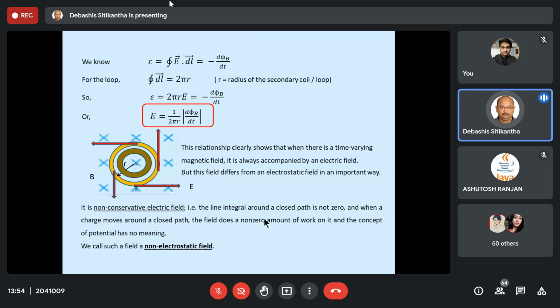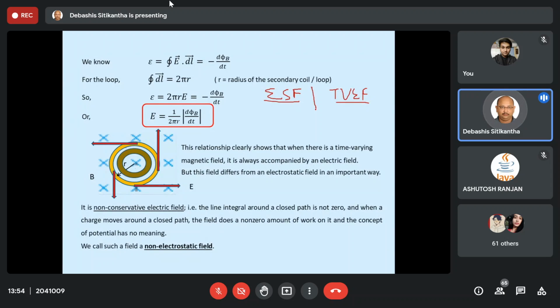Now the major difference between these two types of electric field is very simple. In the electrostatic field, we have learned something known as a conservative electric field. Suppose this is your electrostatic field and this is your time varying electric field. Please listen to all these things very clearly.